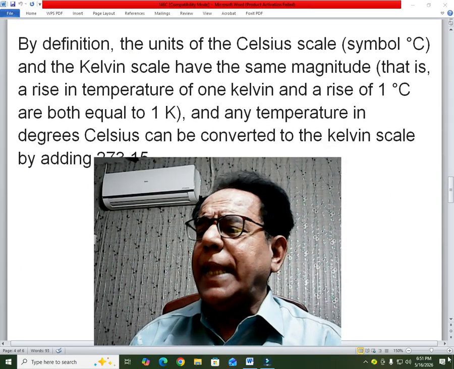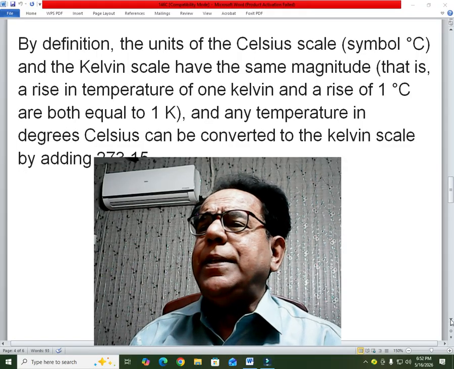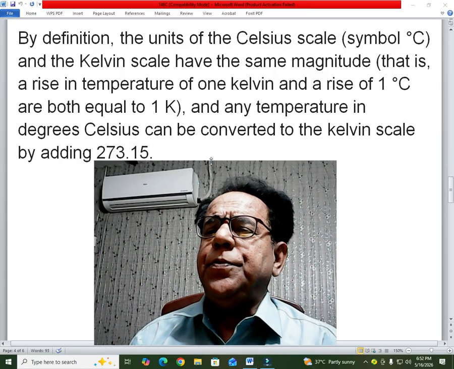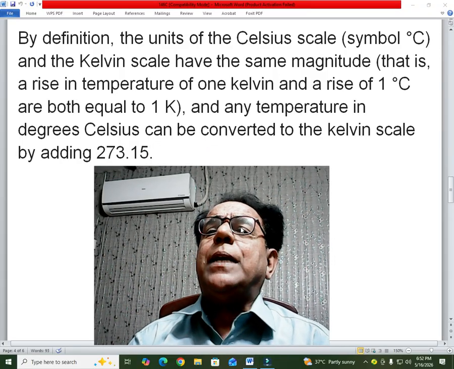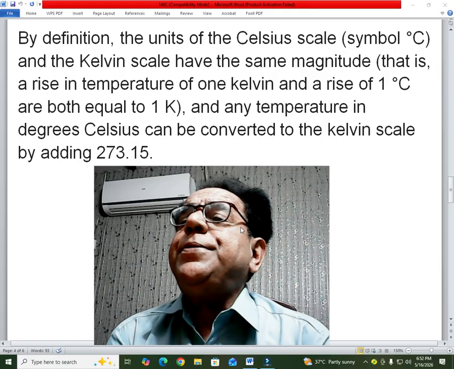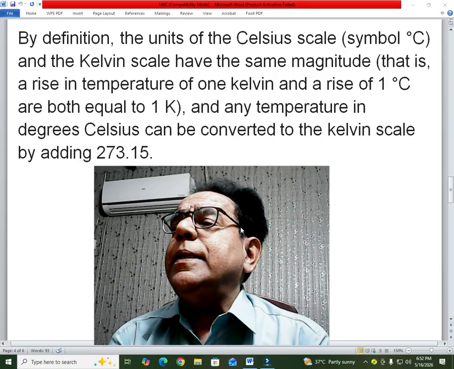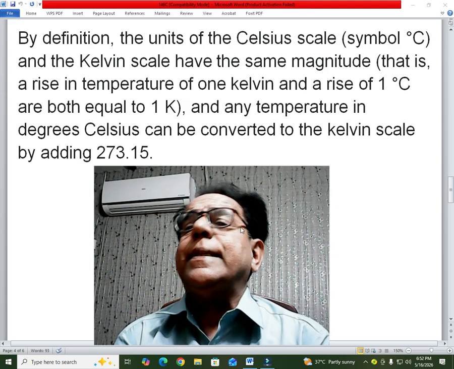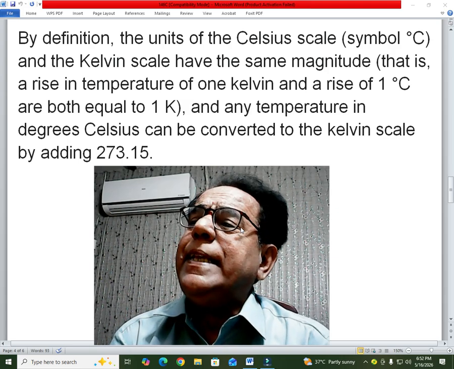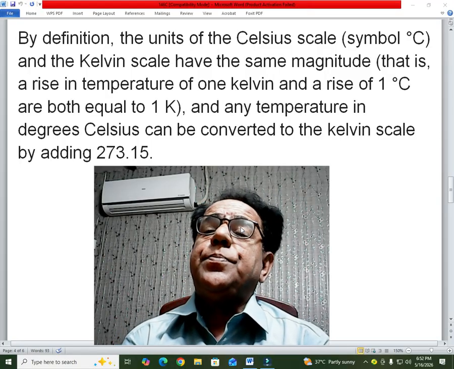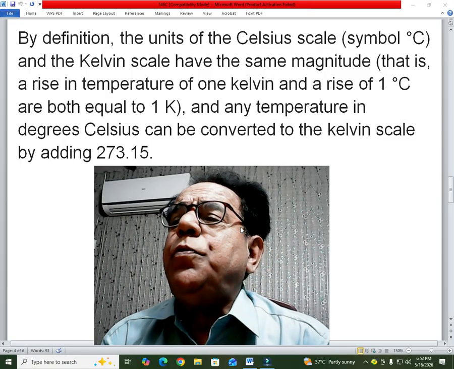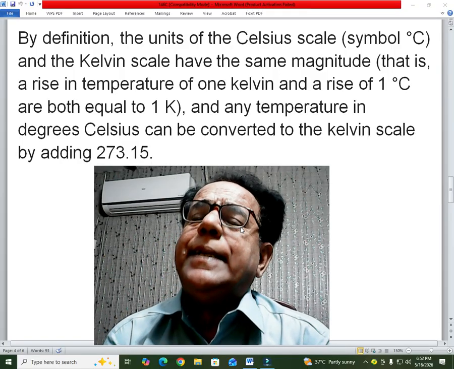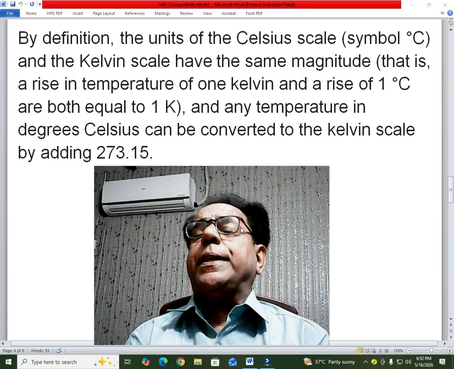Dear students, this is another fact about Kelvin and Celsius. By definition, the units of the Celsius scale, symbol C, degree centigrade, degree Celsius, and the Kelvin scale have the same magnitude, that is a rise in temperature of 1 Kelvin and a rise of 1 degree centigrade are both equal.